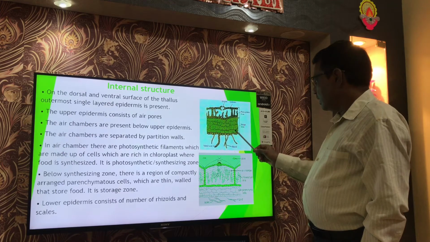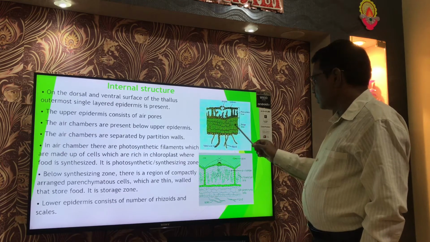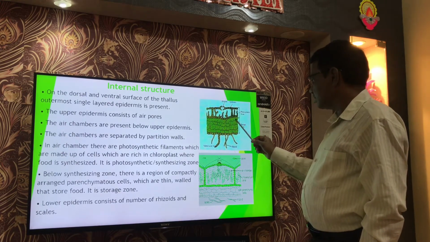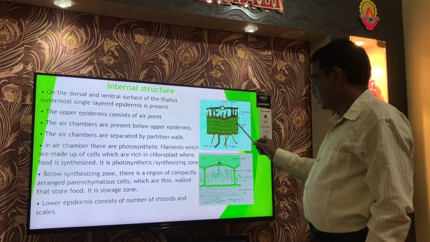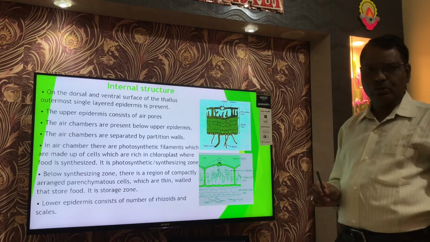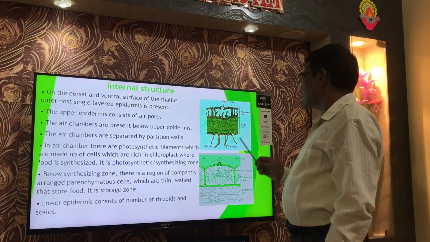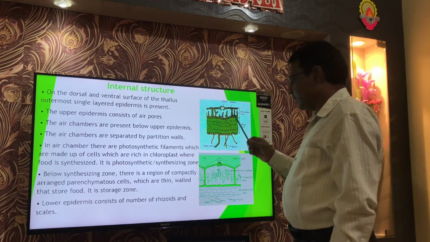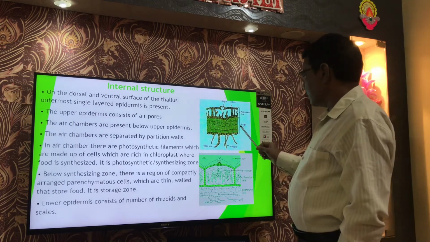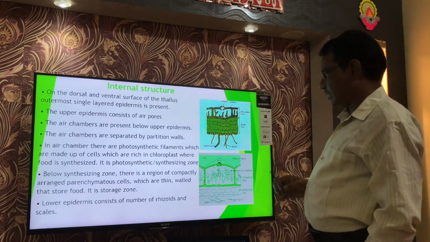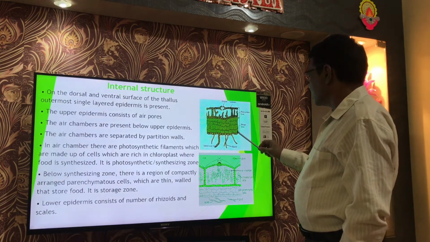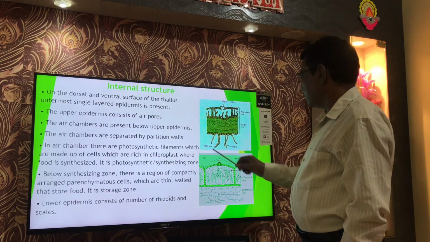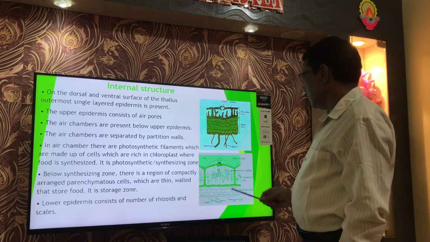As a large amount of reserve food is present, these cells act as storage cells, and ultimately this zone is called the storage zone or storage region that lies towards the ventral surface of this gametophytic thallus of Marchantia.